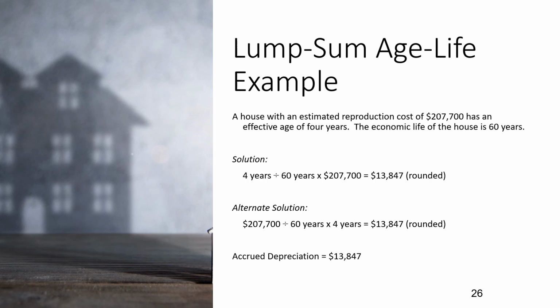That gives you $13,847 rounded. The alternate solution, which truthfully makes more sense to me, and it's the one I use, is 207,700 divided by 60 years times 4 years, which gives you the same $13,847 rounded as your accrued depreciation.